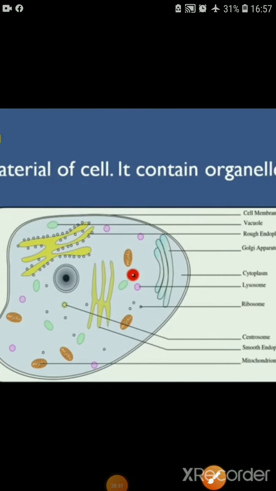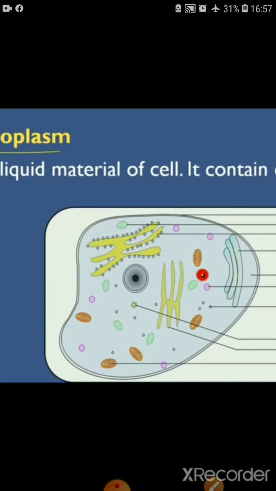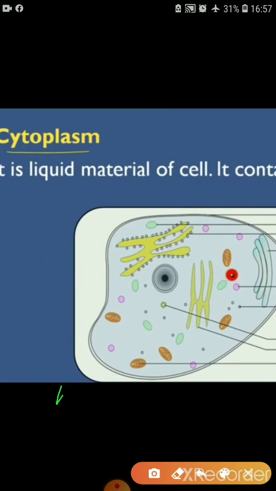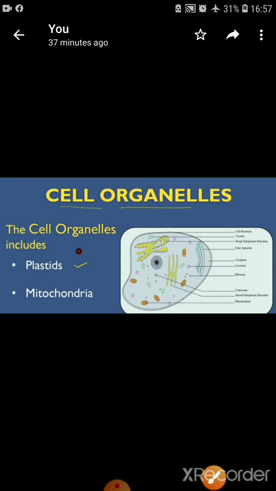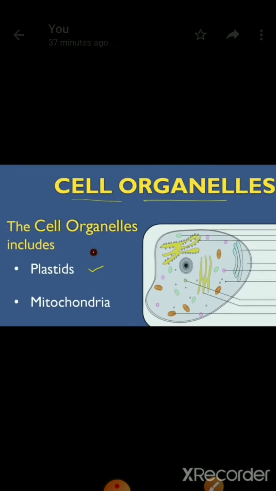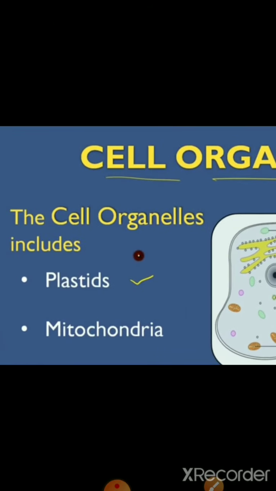So these are the basic organelles in an animal cell. In the cytoplasm, such organelles are present. Cell organelles include plastids and mitochondria.